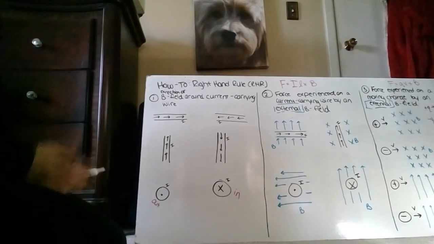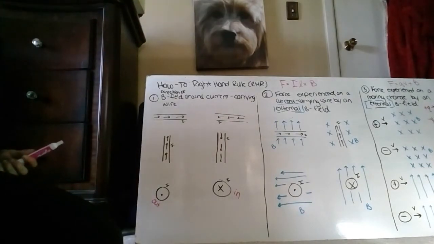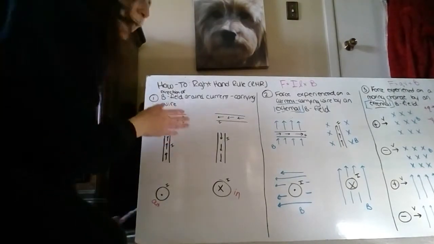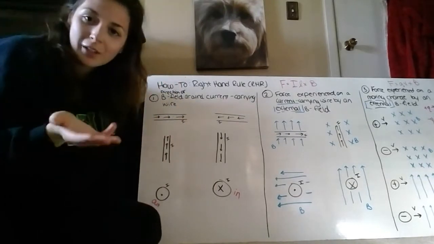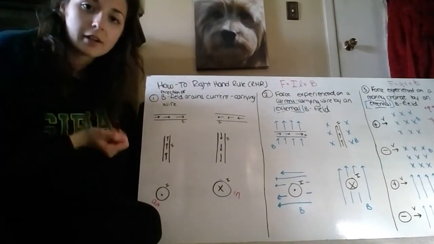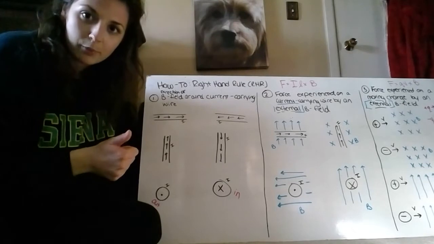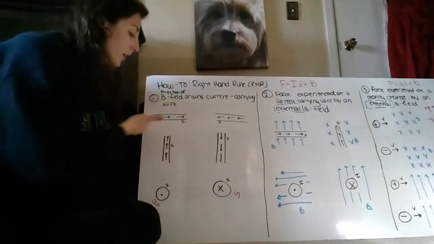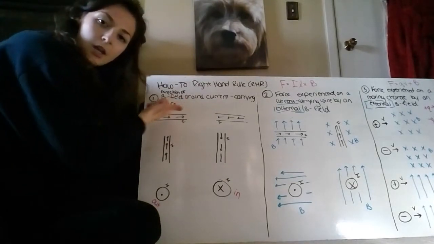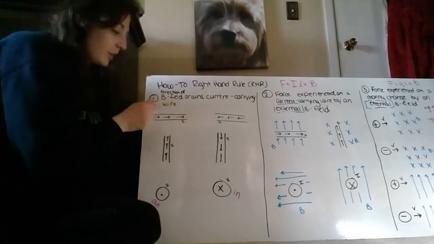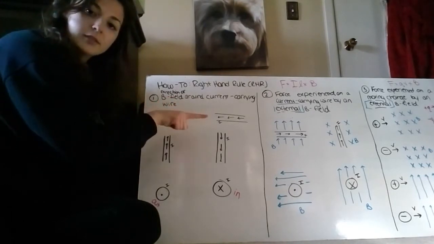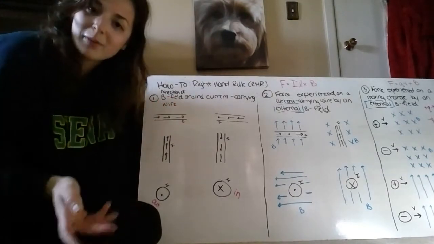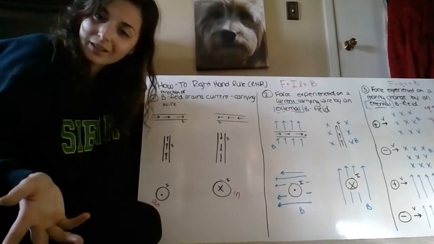Okay, so for determining the direction of the magnetic field around a current carrying wire, the first step is to take our thumb and point it in the direction of the current. So here I have arrows going to the right, and from your perspective it'll look like it's going to the left.